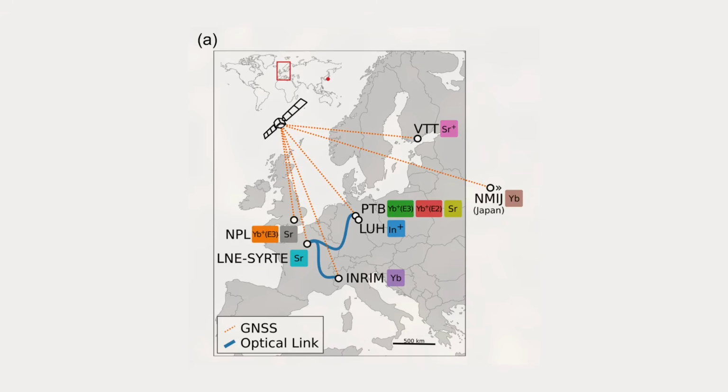All of them were networked over satellite, and some subsets were linked optically. Unsurprisingly, the fiber link did not extend from Europe to the National Metrology Institute of Japan. From there, they compared these clocks as they ran for 45 days. Some of these comparison measurements had been made before, others are novel measurements.